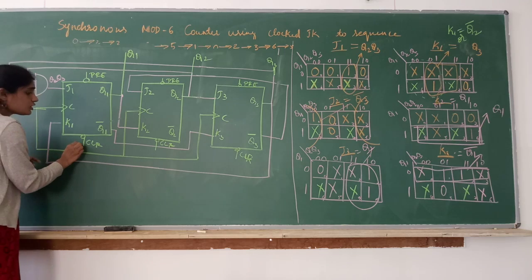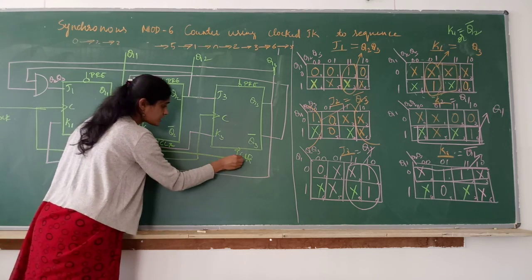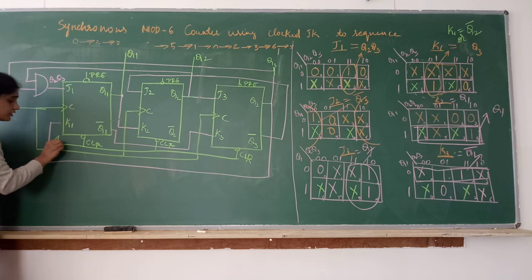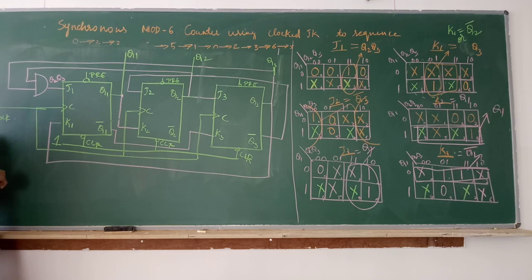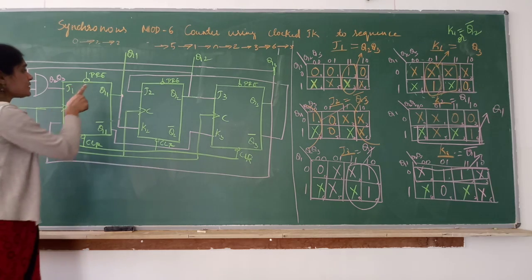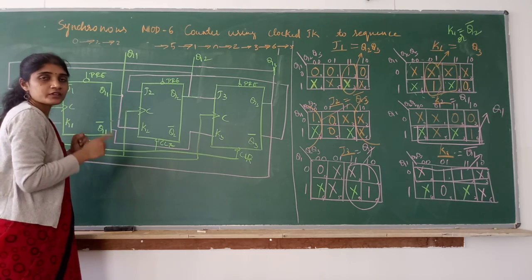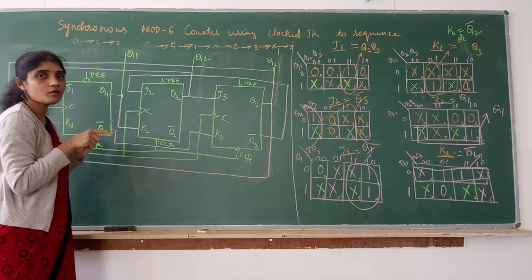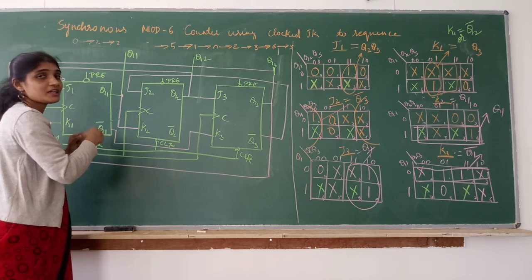So if we have to use this as a counter, we should not make the clear pin active. That means I have to connect this pin to logic 1. That means I am not using this clear pin. Similarly, preset is also active low. If you make the preset pin active by giving logic 0, what happens? It sets the flip-flop.